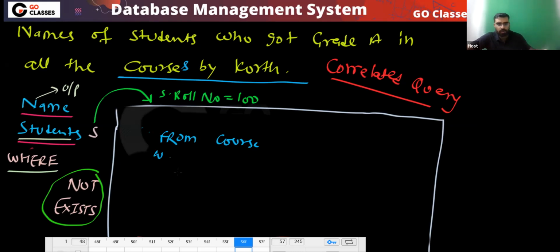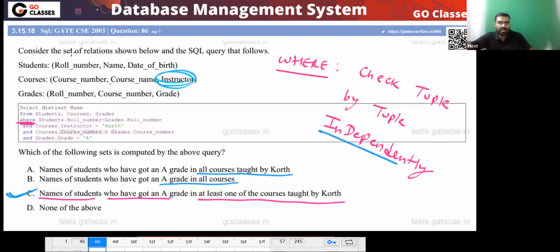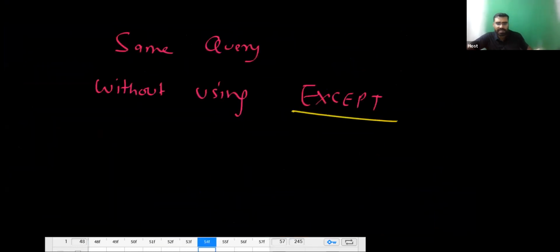How do we put it? If we want to, the name should be course. So from the courses table, I can put where the instructor name must be course. Yes or no? For all those tuples, I will check.